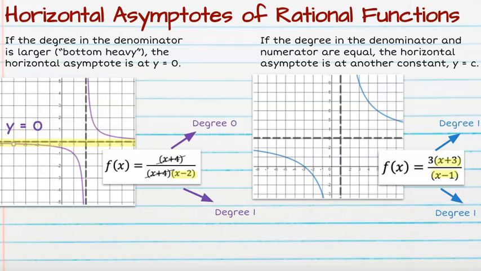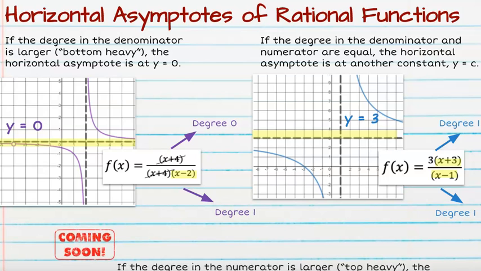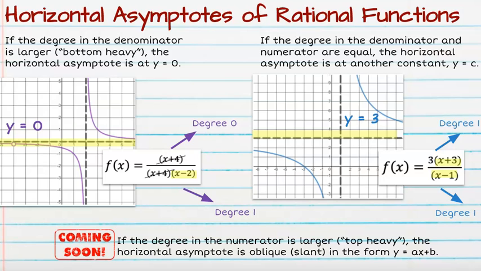So our leading coefficient of 3 in the front tells us that our asymptote will be at y equals 3. And then there's one final scenario. If the degree in the numerator is larger, or you can think of this as top-heavy, then the horizontal asymptote is actually oblique or slanted, and it will be in the form of y equals ax plus b. We will learn about this later in another lesson.